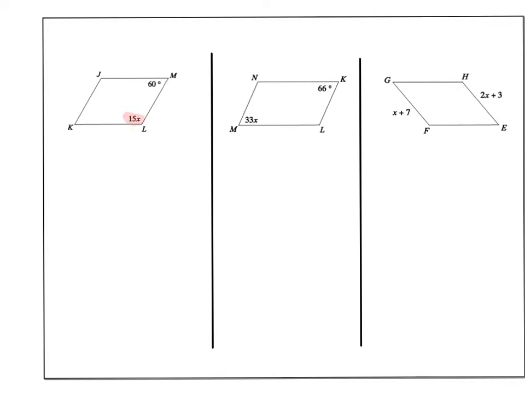I have one angle and then the next angle, and I have values for those angles. So those angles together are consecutive. Remember, that means right after the other, with no angles in between that we're missing. Since they're consecutive, that means they're supplementary. So we're going to use this format: one angle plus the other angle equals 180.